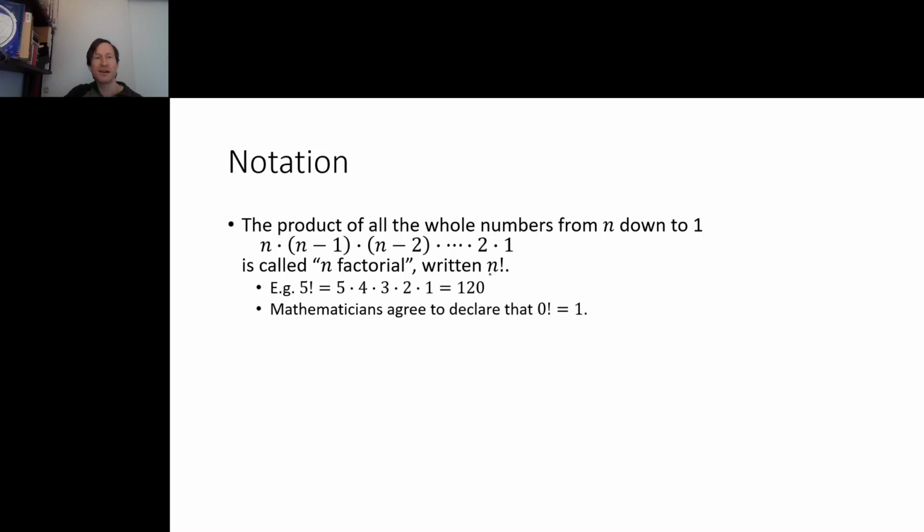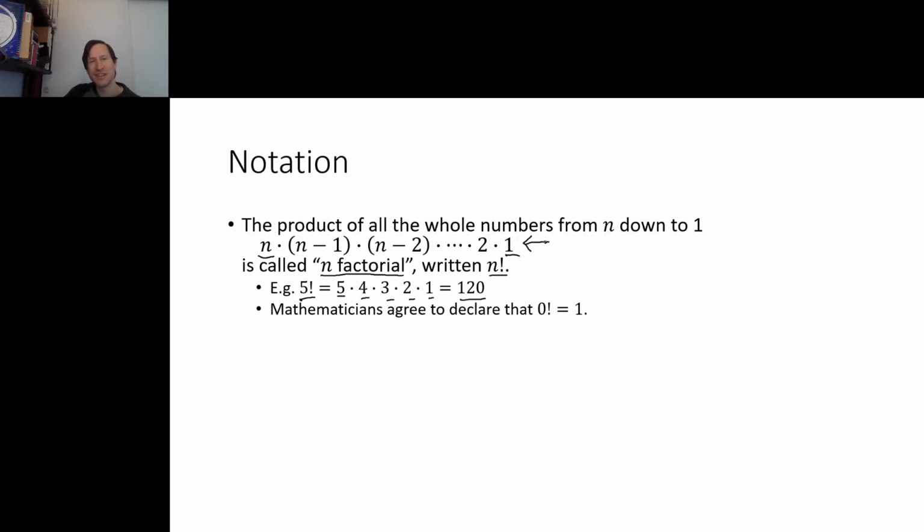When you have a product of all of the numbers from some starting point n down to 1, that's called n factorial, and it's just n with an exclamation mark. So for example, 5 factorial is 5 times 4 times 3 times 2 times 1, and if you multiply these all together, you'll find you get 120.